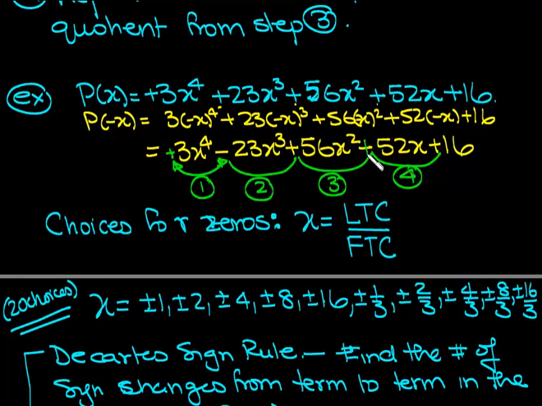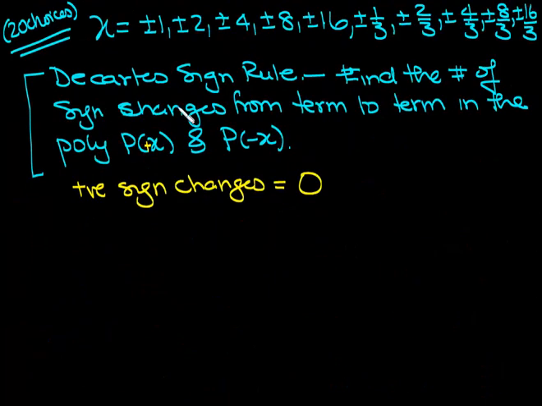For example, if this was positive, then there would be no sign change from here to here and from here to here, so then there would only be 2 sign changes. But in this case there is 4. So the number of negative sign changes is equal to 4.